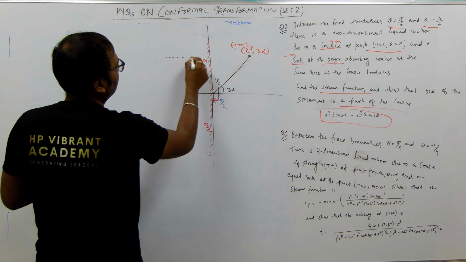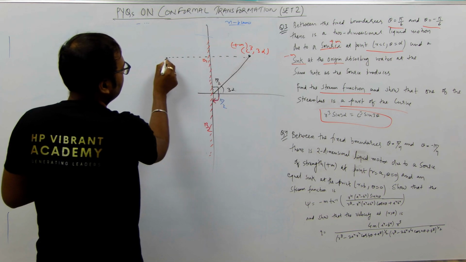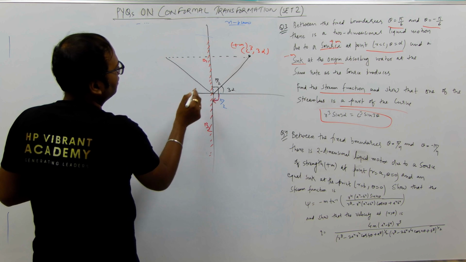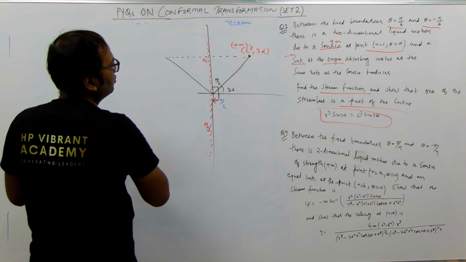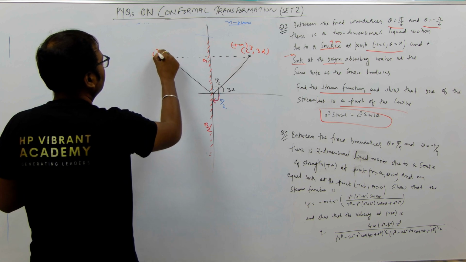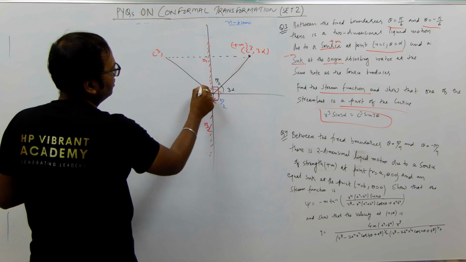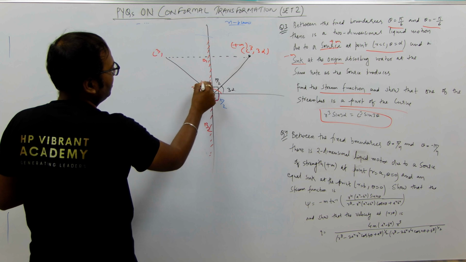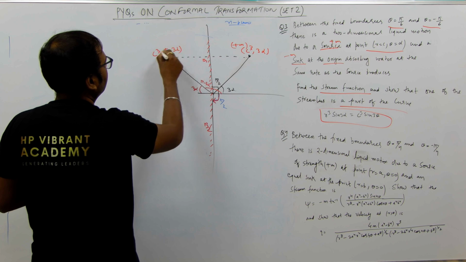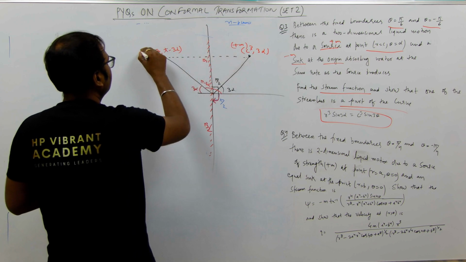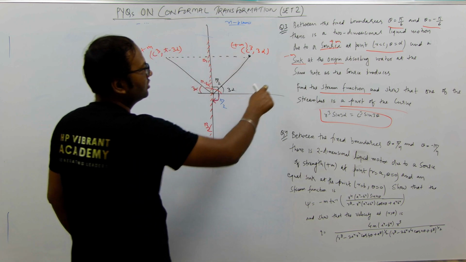The image will lie here. So this is c cube, and how much will this angle be? This is 3 alpha, this is 3 alpha, so this is pi minus 3 alpha. Okay, so this is plus m, this is also plus m.